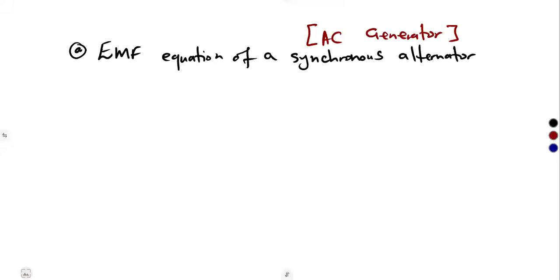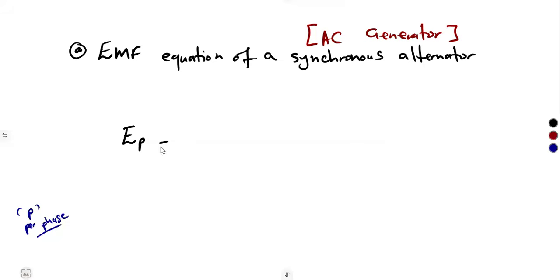So we saw from our previous case in our N5 that we are supposed to have our formula as the EMF equation, which is the induced EMF per phase. So we're going to use the P to denote per phase; they can use any other letter depending on your textbook.